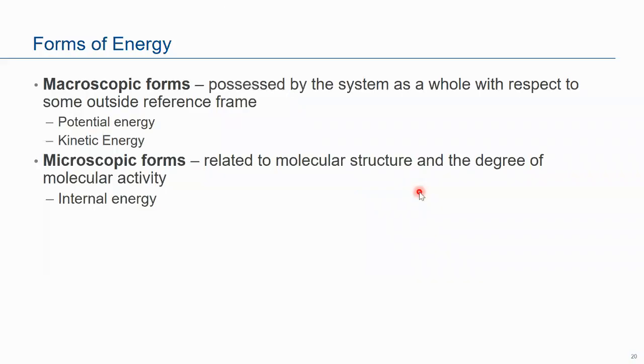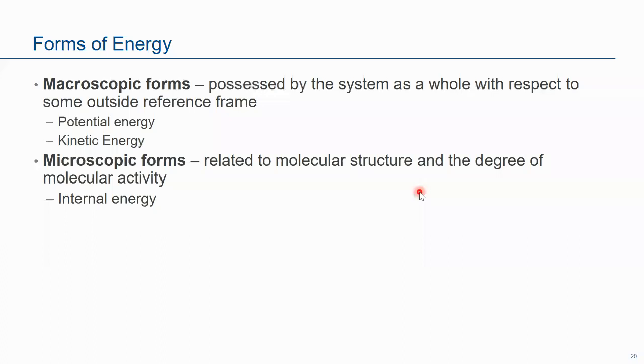So there are forms of energy called macroscopic and there are also microscopic forms. Ang macroscopic forms, ito yung pinopossess ng system as a whole with respect to some outside reference frame. So if you have a system like a particle, an object, or maybe collection of particles, titignan mo yung properties ng system na yon and how it changes with respect to the background.